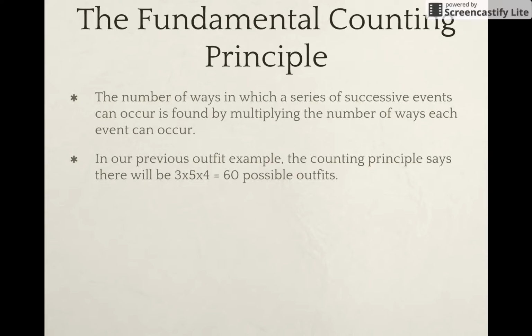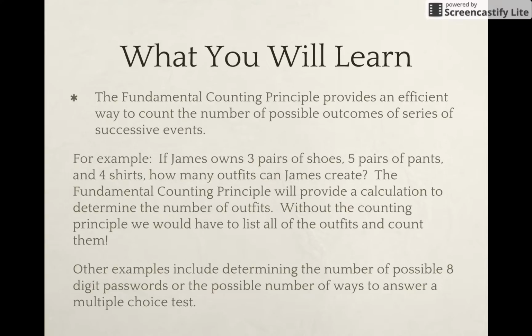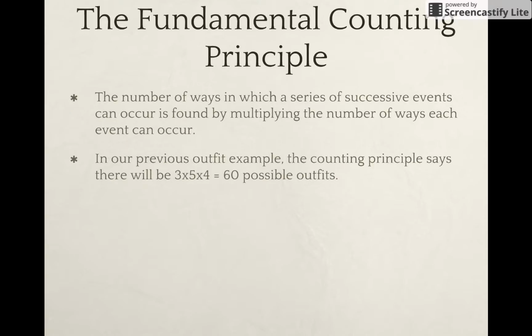We had the event of picking a pair of shoes, the event of picking a pair of pants, and the event of picking a shirt. And using the 3 shoes, 5 pairs of pants, and 4 shirts that James owns, we can multiply 3 times 5 times 4 to determine that he could create 60 possible outfits.